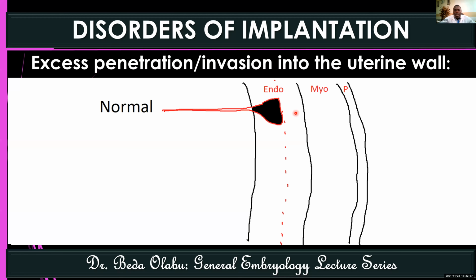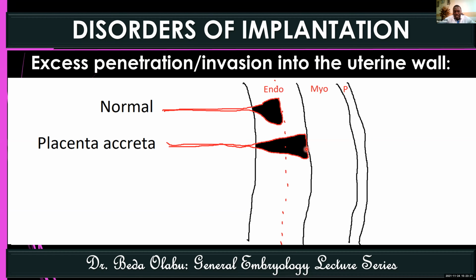The normal implantation is where the placenta is reaching that junction there, because that is where the invasion reached. The junction between stratum functionalis and stratum basalis there. So you may have a scenario where the invasion was beyond the whole of the endometrium like this. We call that placenta accreta.